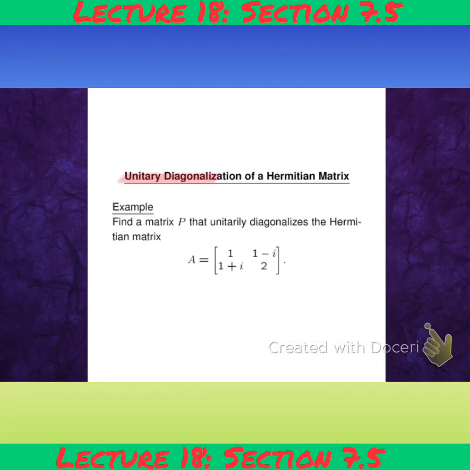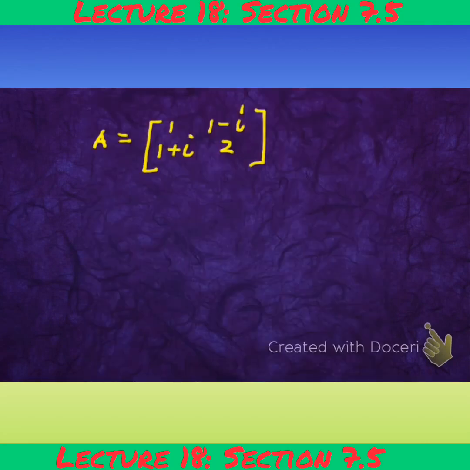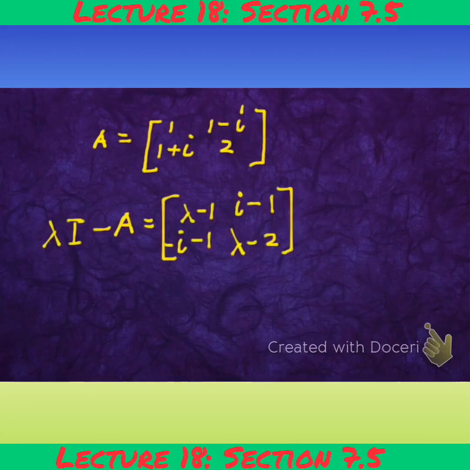Right, so let's look at unitary diagonalization of a Hermitian matrix. So let's find a matrix P that unitarily diagonalizes the following Hermitian matrix. Right, so let's take our matrix A and find its eigenvalues. So set up my matrix, lambda I minus A. And let's go and look at the determinant of this matrix.